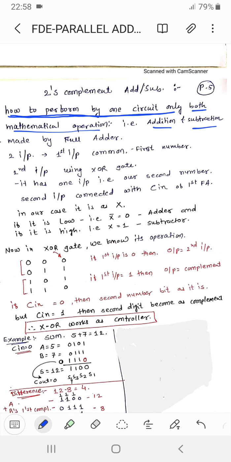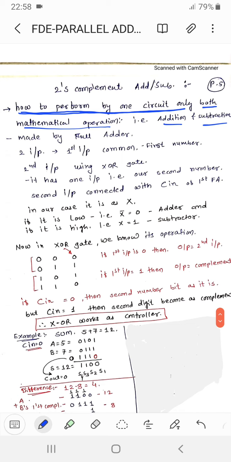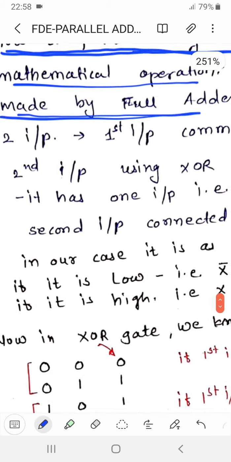It is made by full adders. In an adder there are two inputs.